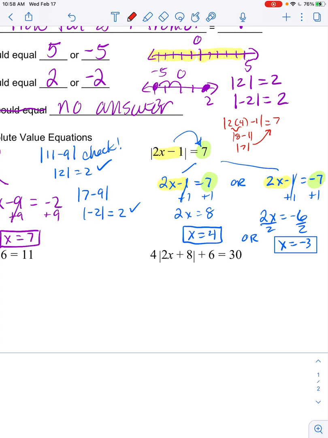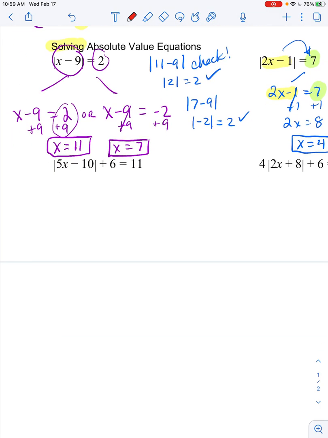So that checks out. If I wanted to check my other answer, I would have my 2, plug in my negative 3 that I got. This would turn into negative 6 minus 1. So I'd get a negative 7 on the inside of my absolute value bars, which would come out as the 7 I'm trying to get. So both my numbers check out.